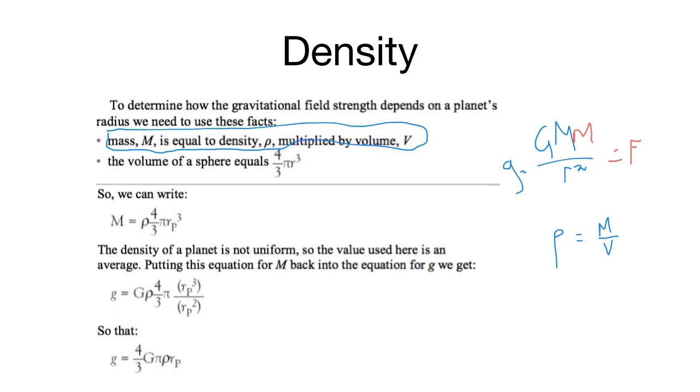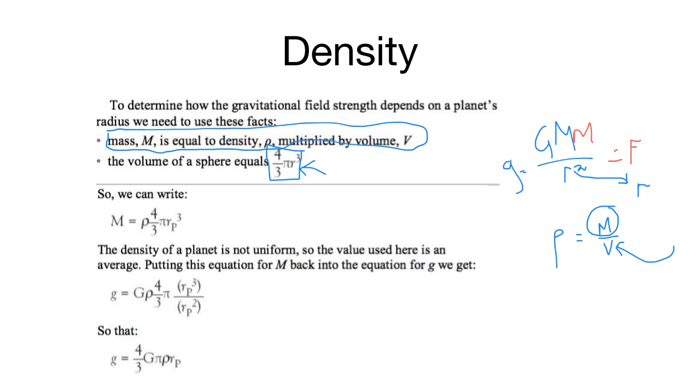The second factoid that you need to bring with you, although it is in the data booklet, is that the volume of a sphere is 4/3 pi r cubed. So if we know the radius, which we usually do, because that's a very important value in gravitational field questions, we can find volume using this equation. And if we're given density, we can find mass.